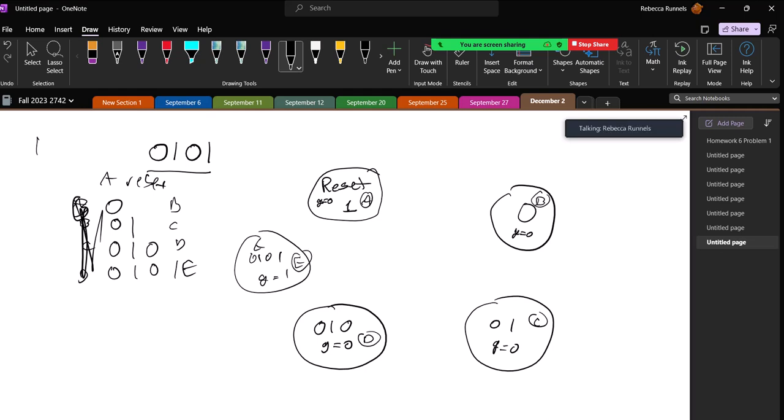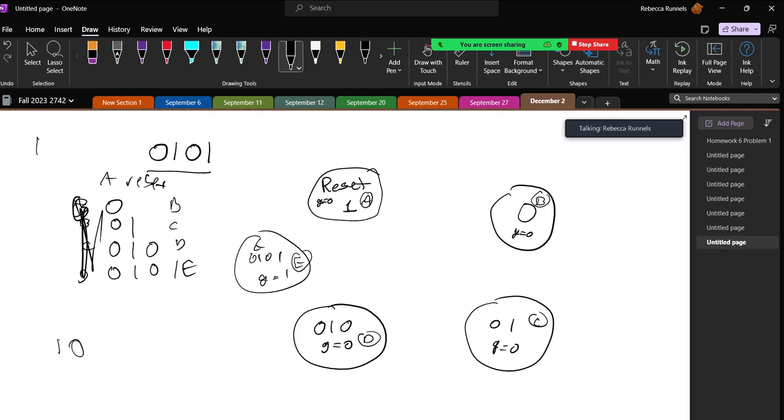But the tricky part is how do I get from one to another? Because it's not just going along. You have to see, based on my input D, where would I go? So let's say I'm starting here at my reset. If I get an input of 0, well, I had a 1, but now I got a 0.